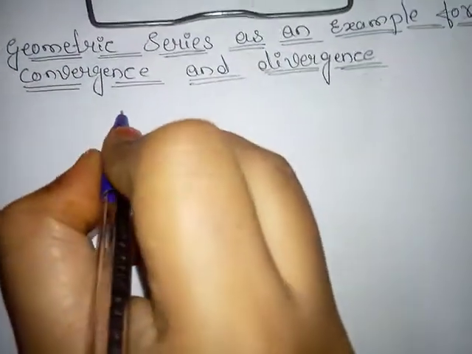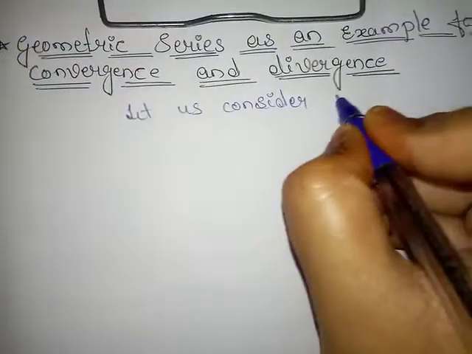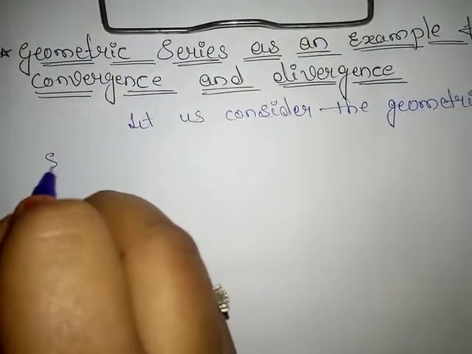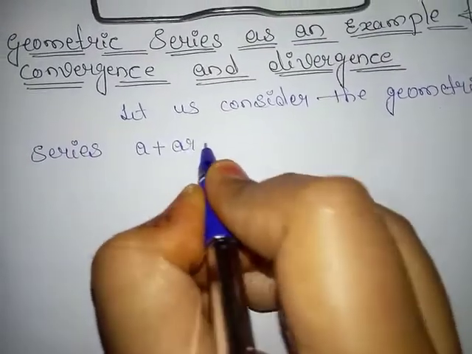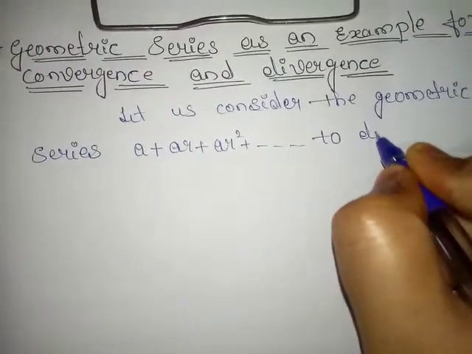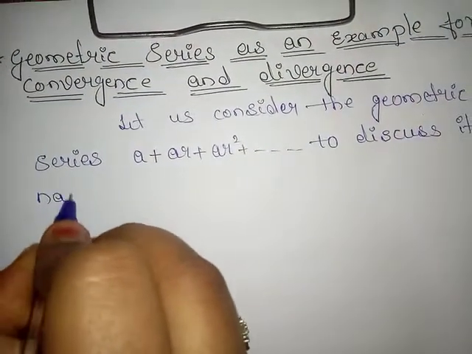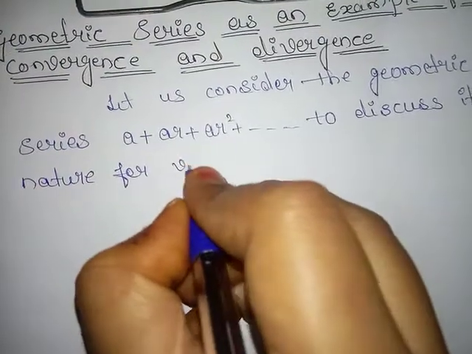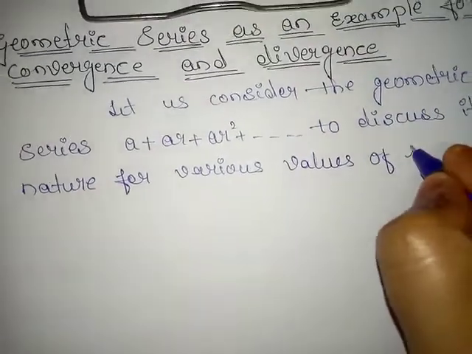Now let us consider a geometric series as an example for convergence and divergence. Let us consider the geometric series a plus ar plus ar square plus and so on, to discuss its nature, that is, when it is divergent and when it is convergent, for various values of r.